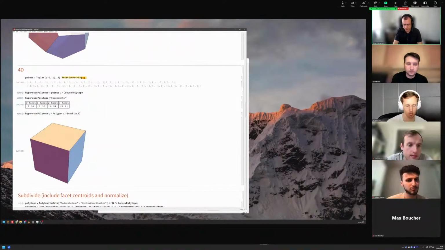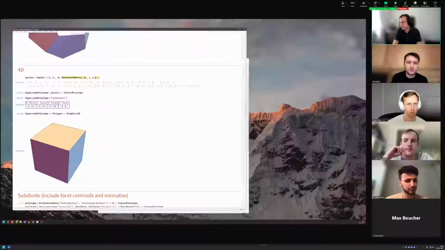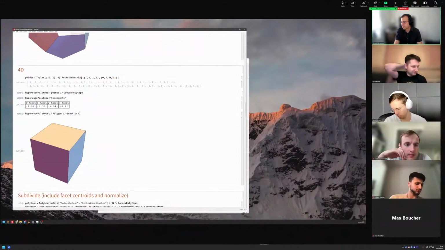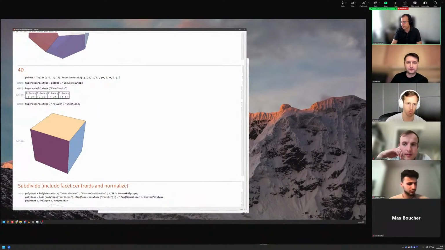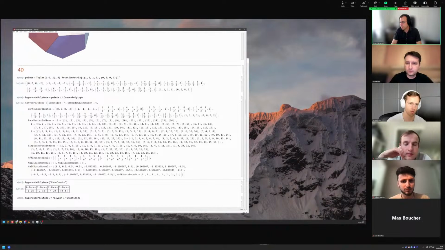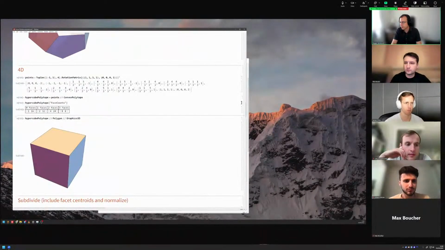I'll rotate the corner vertex to the up position. I think I have to transpose. Okay.